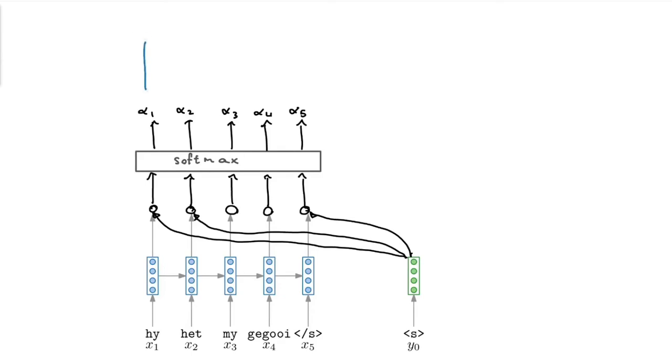So this alpha might be really high. This is a bar graph here. The second alpha might also be pretty high, but then these alphas might be pretty low. And those numbers sum to 1, and they're between 0 and 1. So that's the basic idea. I'll repeat that in a second.